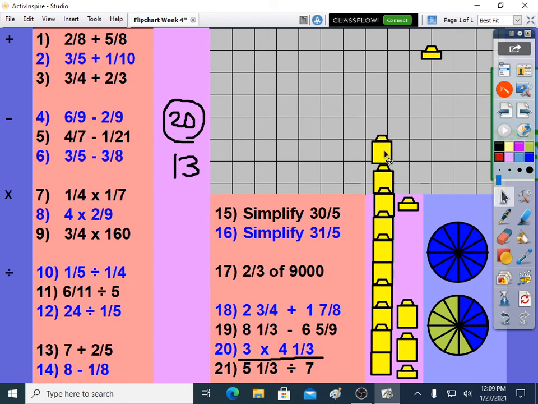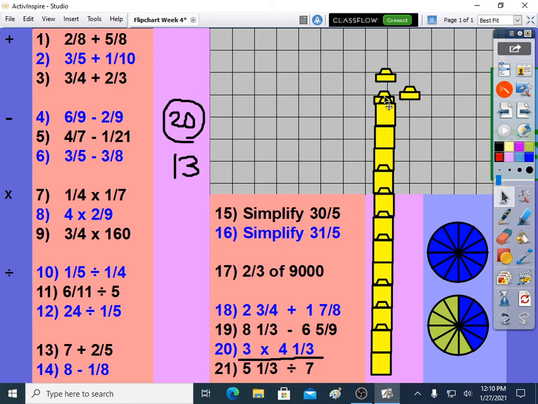we use the whole bricks first, and we'll put the thirds on later. So using the whole bricks, we have 1, 2, 3, 4, 5, 6, 7, 8, 9, 10, 11, 12. But if we use the thirds, I'll try and make these fit properly. Put that on top. Oh, not quite. Nearly.